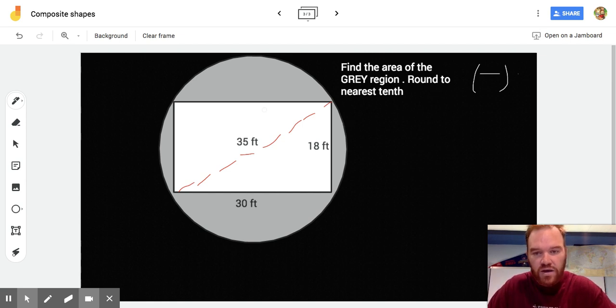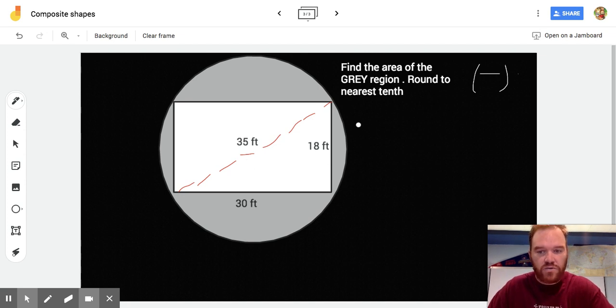The drawing might not be exactly perfect, but we're going to assume that the four corners of this rectangle hit the outside of our circle, and therefore that 35-foot dotted line identifies our diameter.